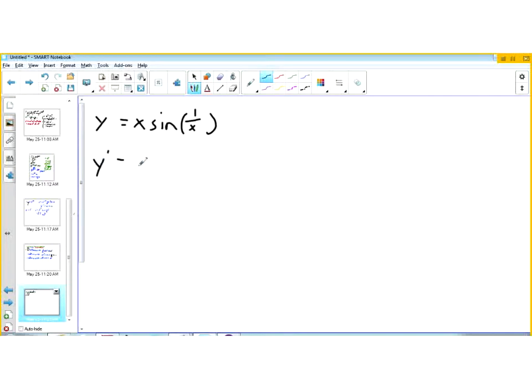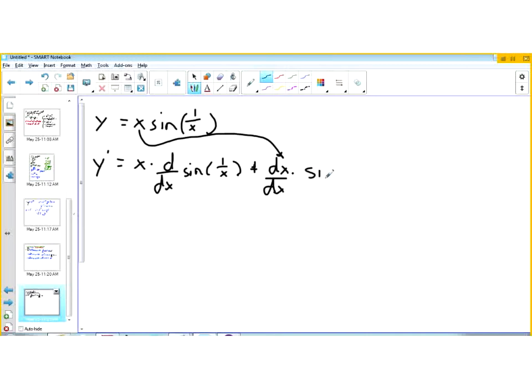Okay, so y prime is equal to x times the derivative with respect to x of sine of 1 over x plus, well, I guess I need to be explicit here, plus the derivative with respect to x of x times sine of 1 over x. Okay, and you know that just becomes 1.